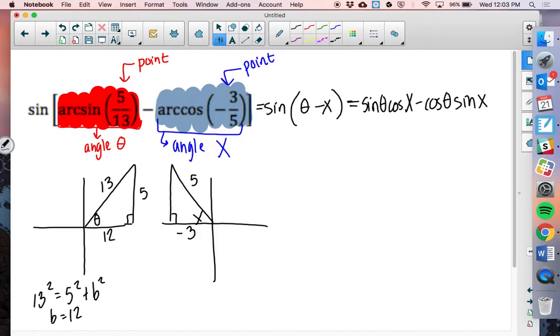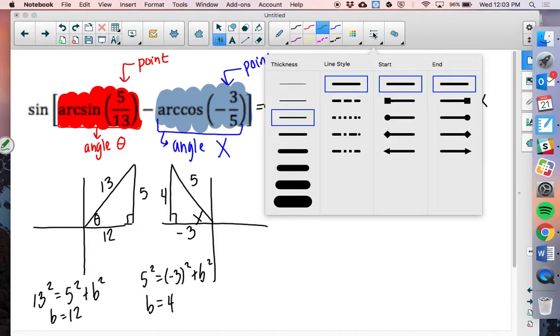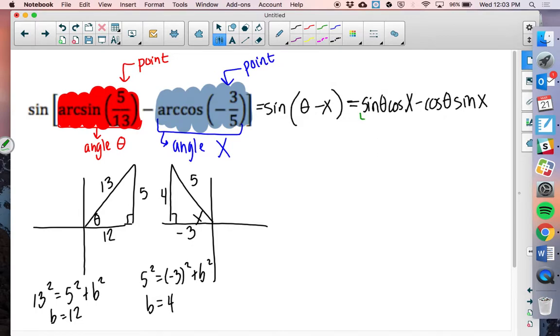The third side I'll let you work out with Pythagorean theorem, and that ends up being 4, and that comes from 5 squared equals -3 squared plus b squared, and you get b equals 4. Now, over here on your actual problem, you can now use your triangle to evaluate sine theta, cosine x, cosine theta, and sine x.